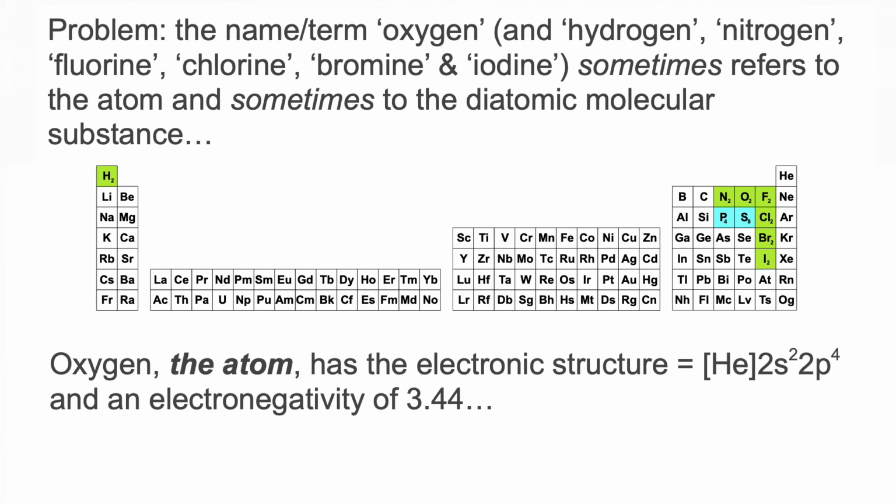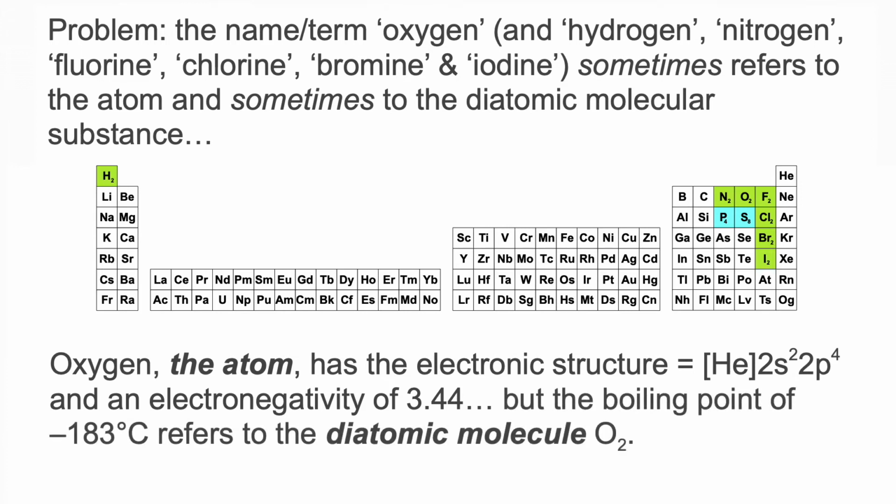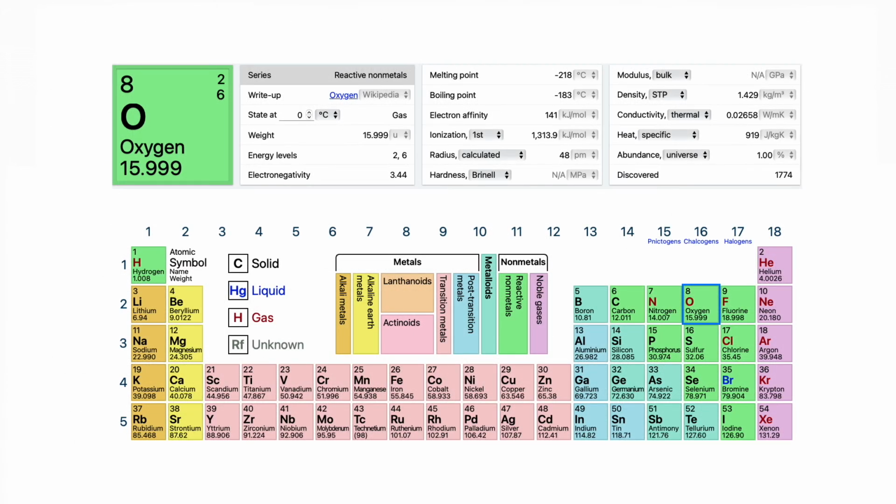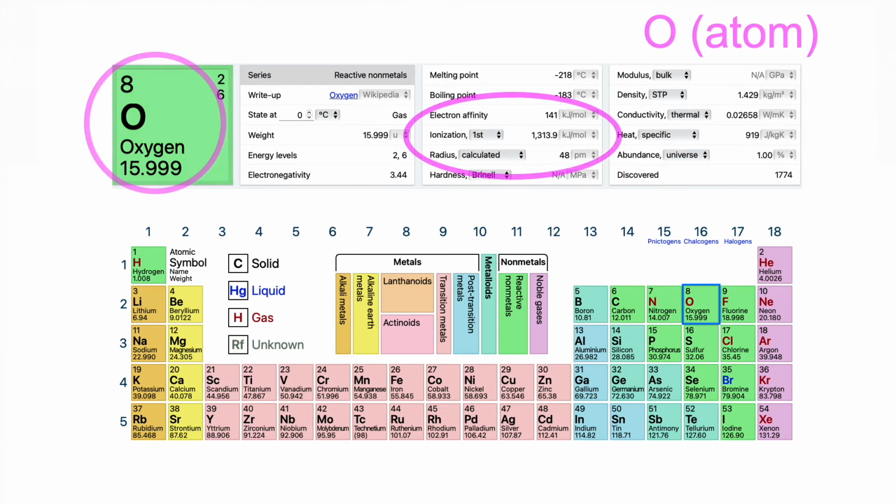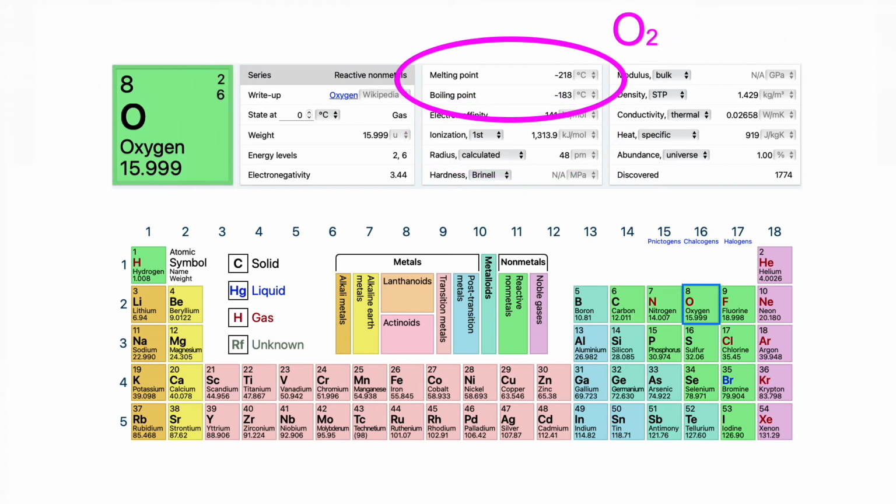Oxygen, the atom, has the electronic structure [He] 2s2 2p4 and an electronegativity of 3.44, but the boiling point of minus 183 degrees C refers to the diatomic molecule O2. And we can see this in many periodic tables where some of the data refers to oxygen, the atom, and some to oxygen, the diatomic molecule.